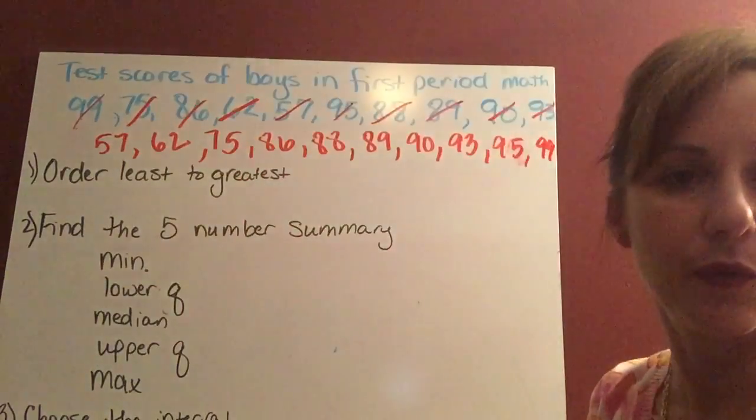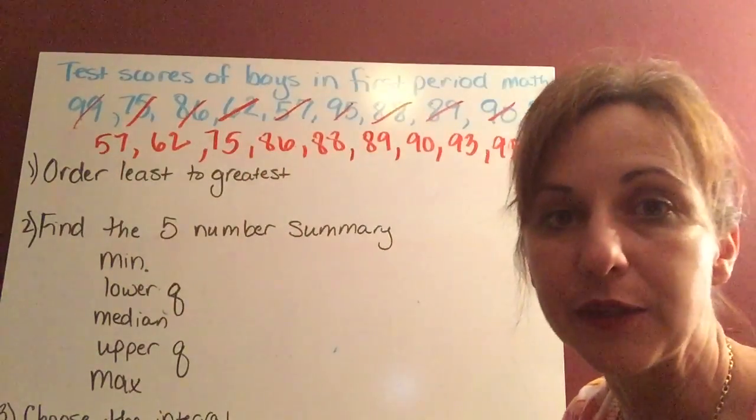Okay, we got all of them. They're ordered. Now let's find our 5-number summary and see how you did with this.